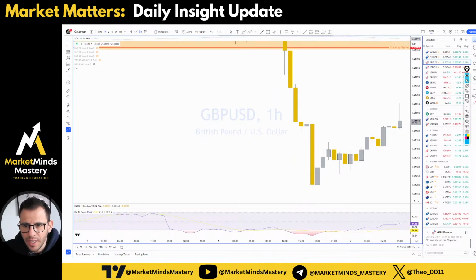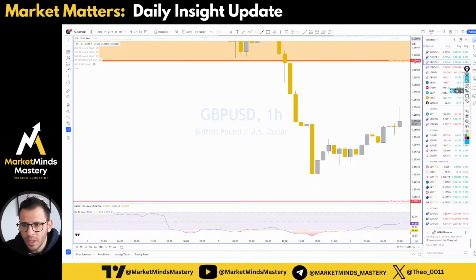So this is the hourly time frame, Pound US dollar. The price during the London session continued lowering, and it finally broke below this range. And this opportunity was during the New York session. The market slowed down, so we expected the reversal, the retracement.